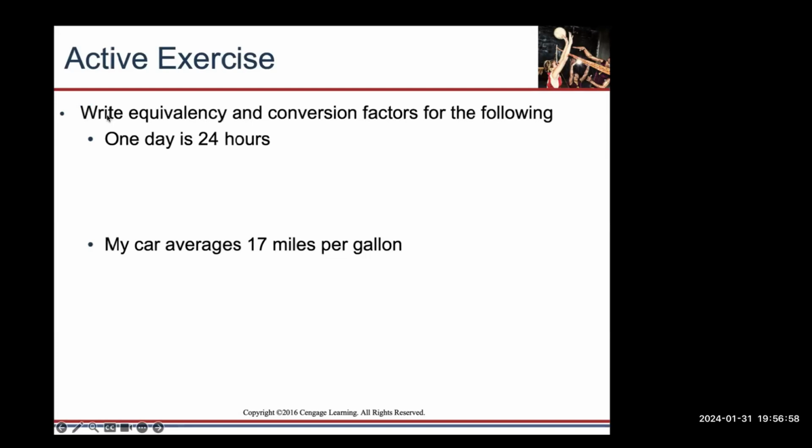Okay, so write the equivalencies and the conversion factors for the following. 1 day is equal to 24 hours. So are there different ways that we could say that? And the other one is, my car averages 17 miles per gallon.